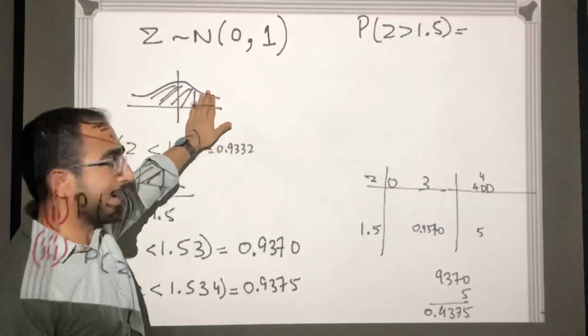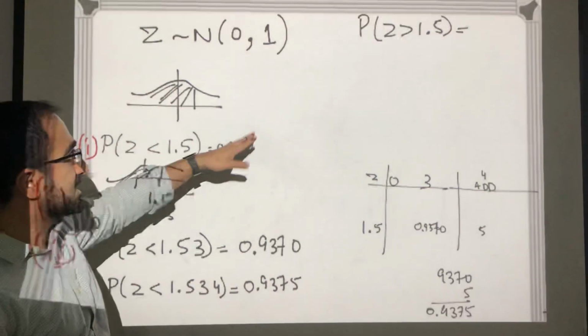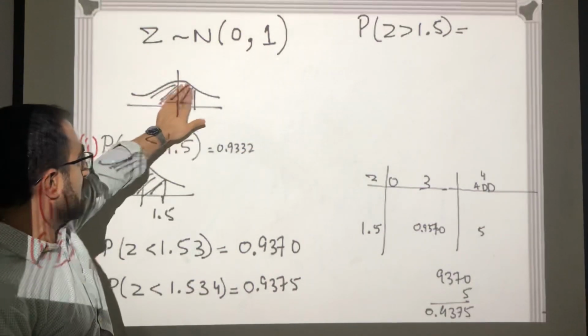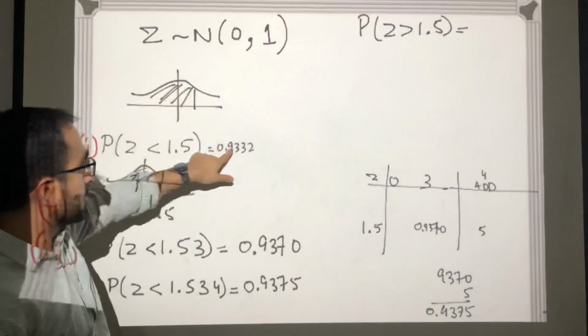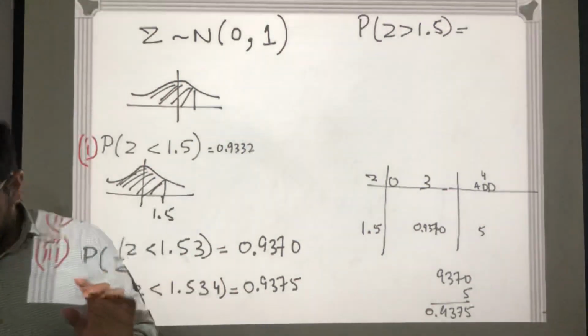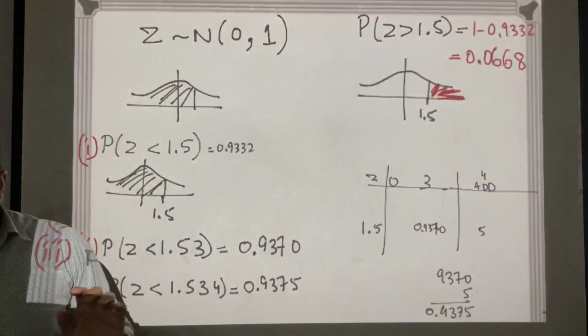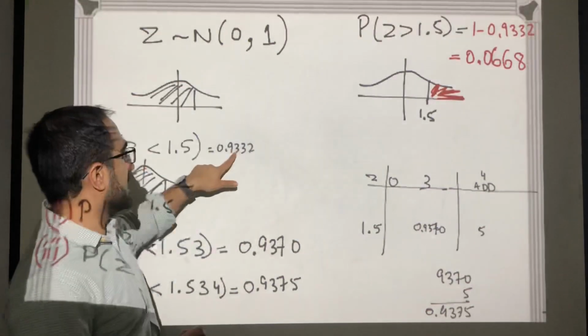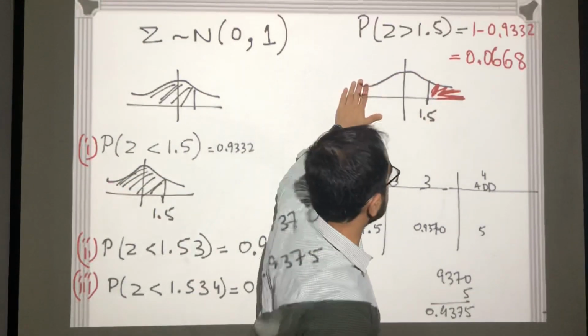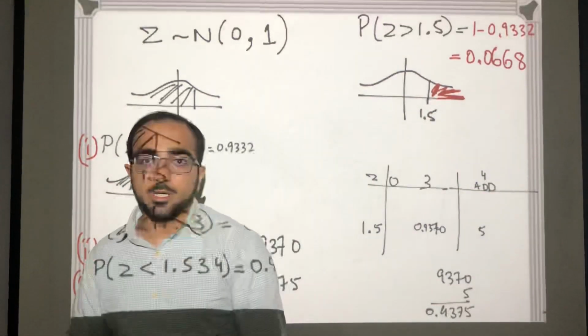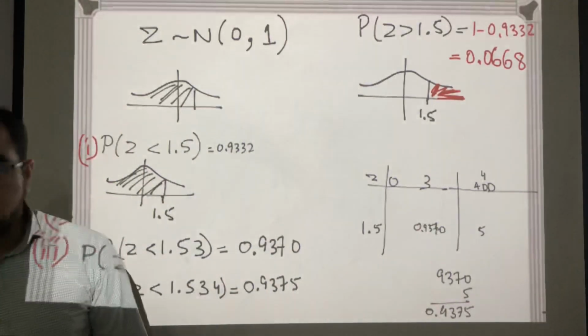I can do 1 minus the less than value. So if it is greater than 1.5, less than 1.5 is 0.9332, so greater than would be 1 minus 0.9332. I hope you're all okay with the greater than sign, which is 1 minus this number only, because the total probability is 1. This less than part is 0.9332, so the greater than part will be 1 minus 0.9332.